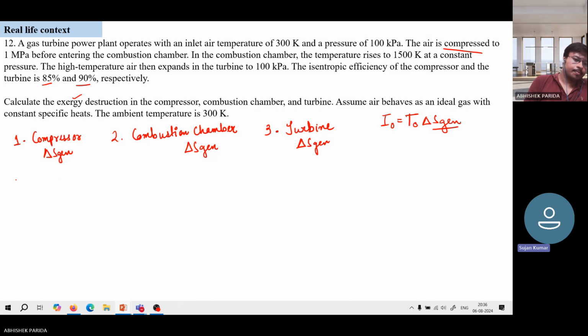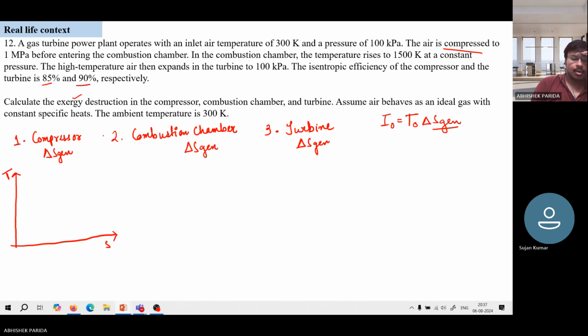But for the turbine, it is reversed: actual work divided by isentropic work. So the first primary task is to calculate T2 by using the general relation T2 by T1 equal to P2 by P1 to the power gamma minus 1 by gamma. Then the second step is calculating T2 dash by using the isentropic efficiency of the compressor. And the third step is calculating the T4 value and then T4 dash.